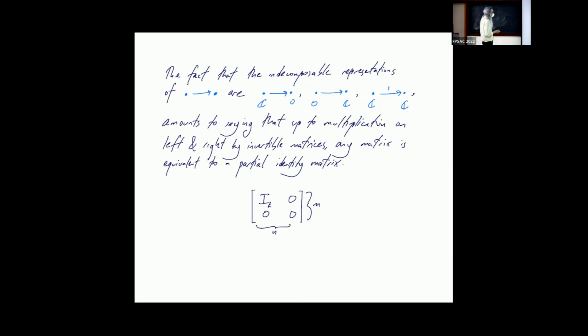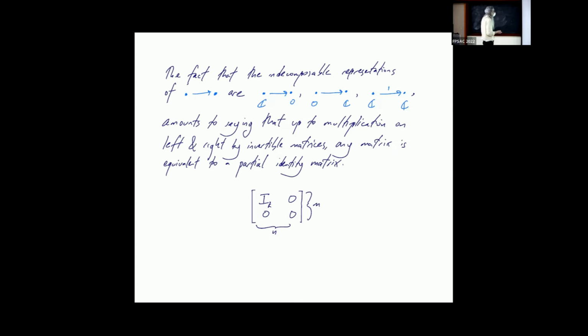It amounts to saying that by multiplication on the left and right by invertible matrices, any matrix is equivalent to a partial identity matrix like this. Just to say it very explicitly, this matrix defines a particular representation; to specify a representation of that two vertex, one arrow quiver, you just need to specify one matrix. And when you split it apart into pieces, you find k copies of the C goes to C map, and n minus k and m minus k copies of the other two indecomposables.